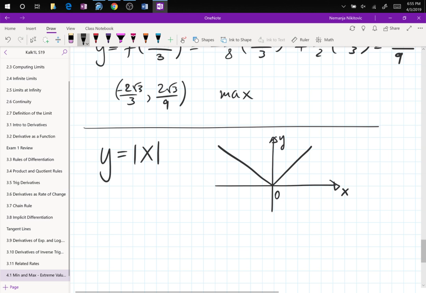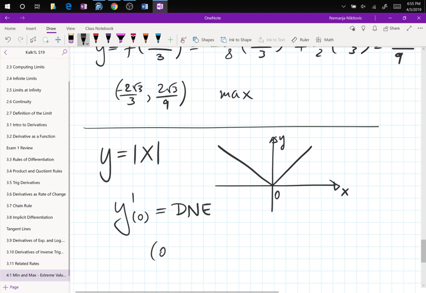If you take a look at the derivative, from the left it's trying to be -1, and from the right it's trying to be +1. Well, you can't be -1 and +1 at the same time. The bank account is either in a minus or a plus, can't be in both. So in this case, y prime at 0 does not exist.